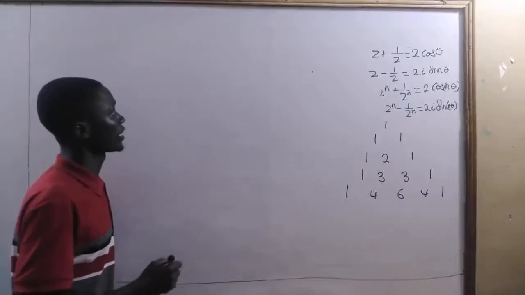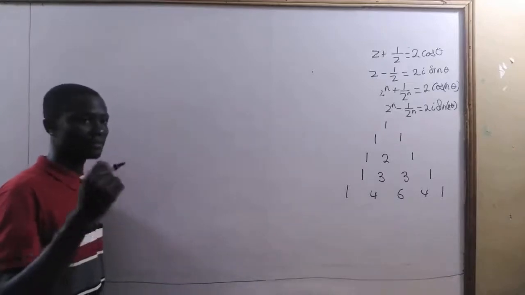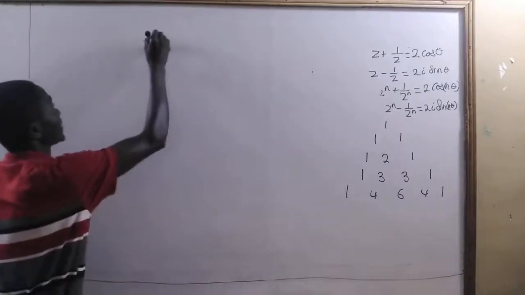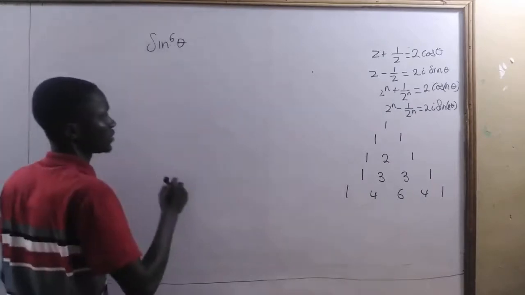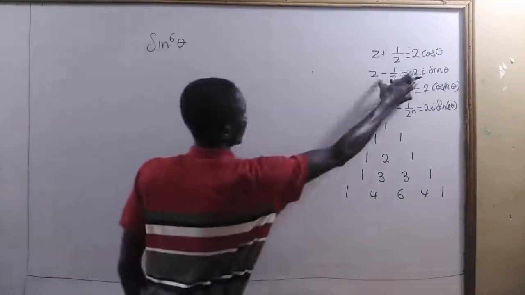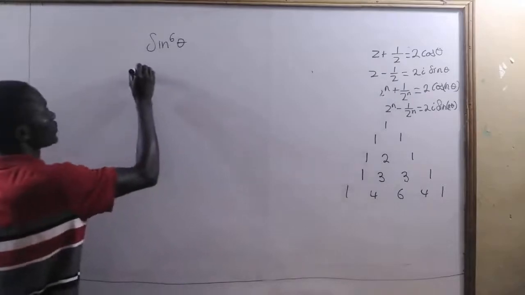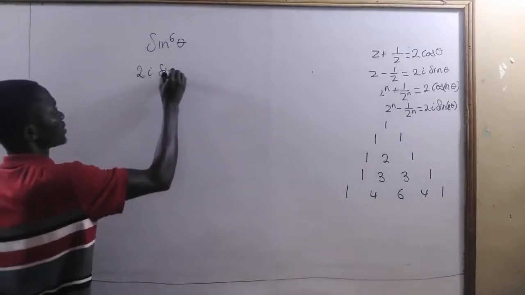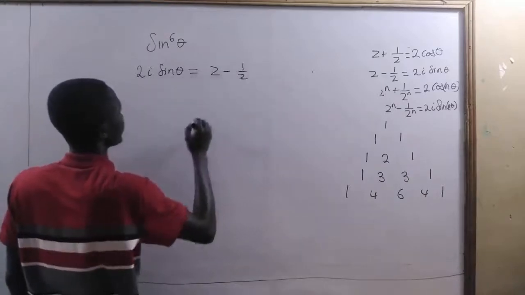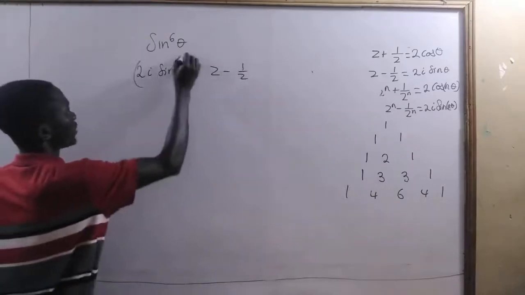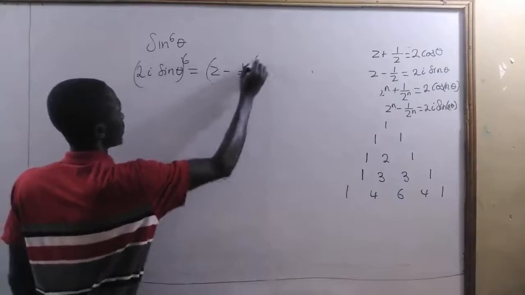So we are looking at sine to the power 6 of theta. So that one we go for this one. So we are going to have 2i sine of theta equal to z minus 1 on z. So we take power 6, take power 6.